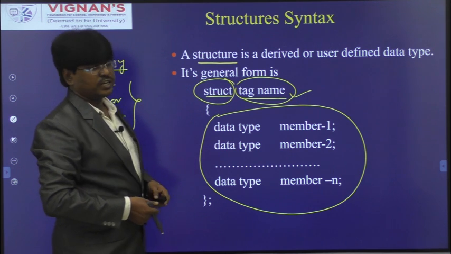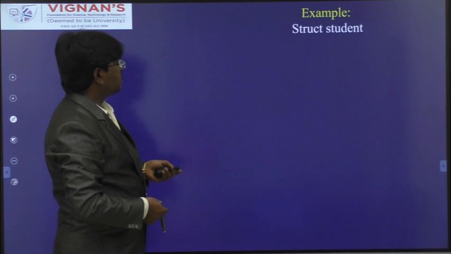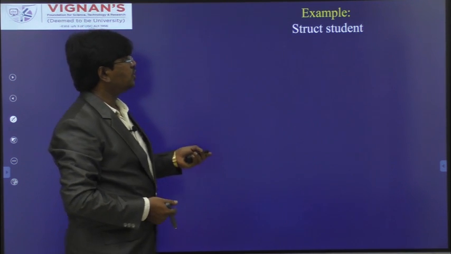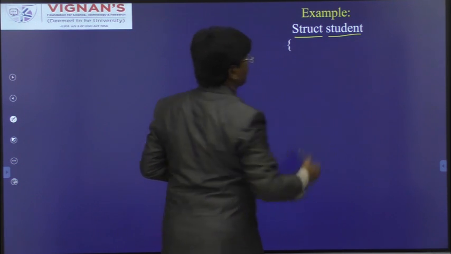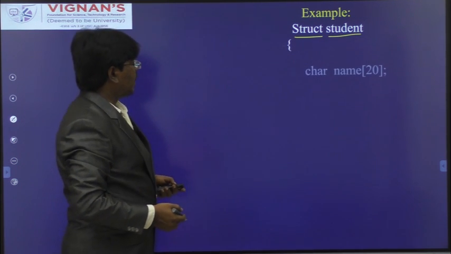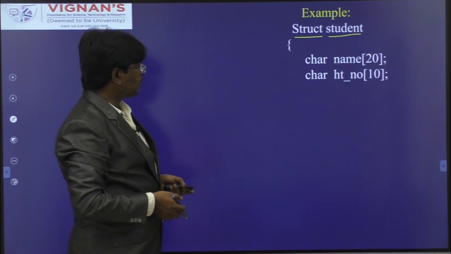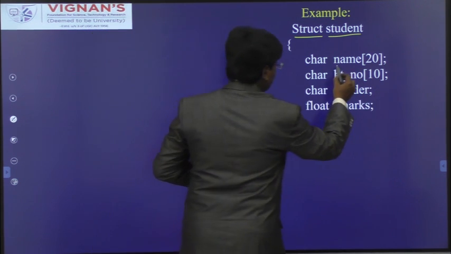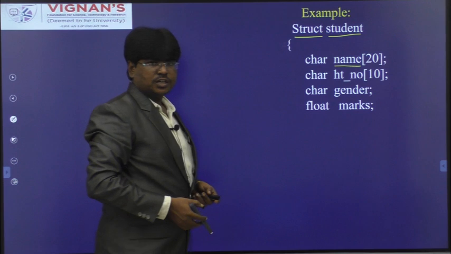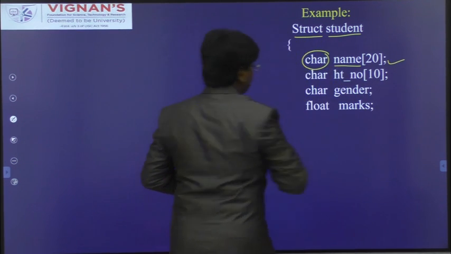I will tell you an example of how to declare a structure. Consider this a student structure. I have used the keyword struct, and this is the name of the structure, student. A student will have different attributes, and I am going to group those attributes as variables of different types. The student will consist of name, and I have declared here an array of character type.